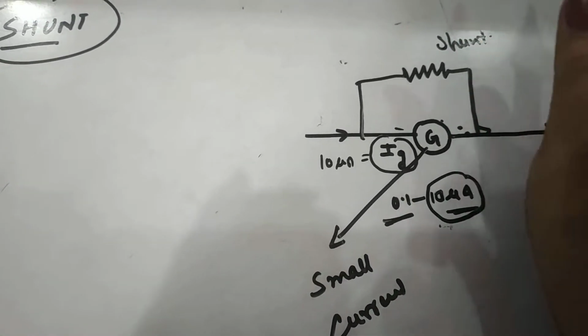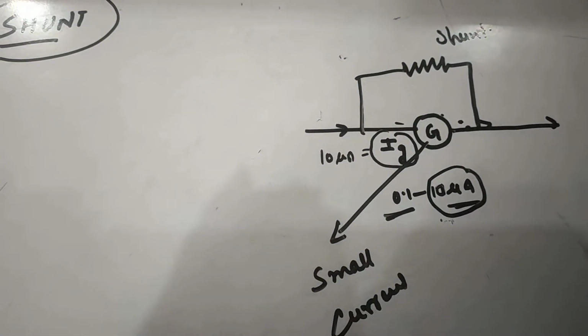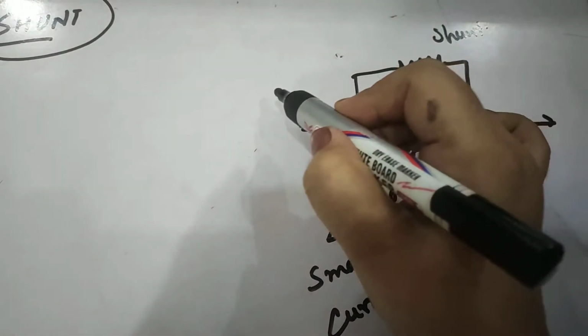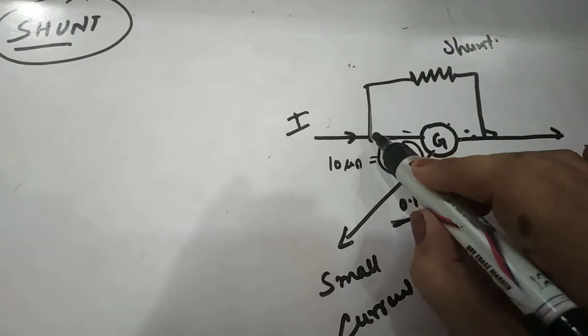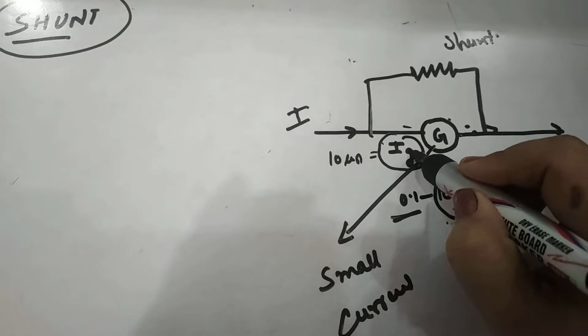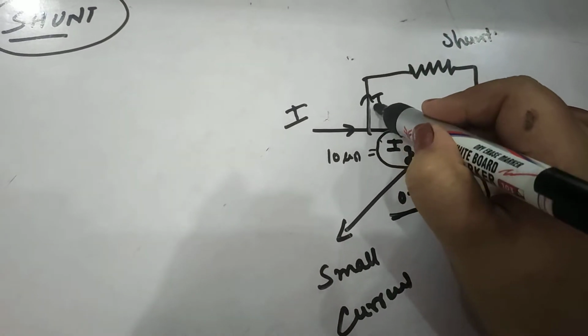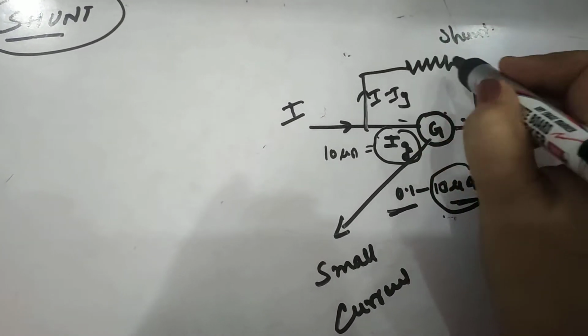So in that case, if we want to pass a larger amount of current, suppose I amount of current, then Ig amount of current will pass through the galvanometer, and the rest of the current, I minus Ig, will pass through this shunt.